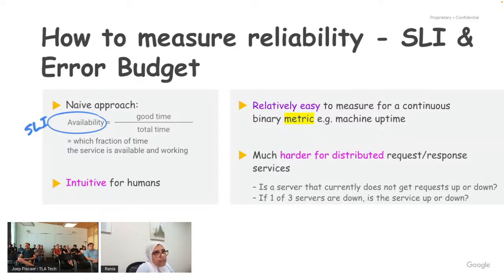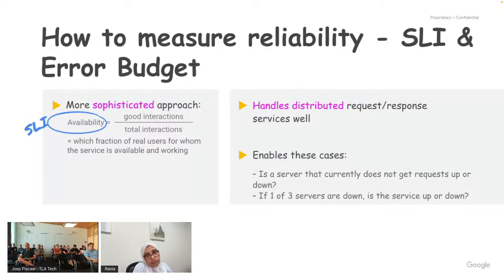But this will not really serve the need for microservices or cloud native applications or distributed solutions and services. And that's why we have a more sophisticated methodology for identifying the SLI itself, by talking about good interactions, or the ratio of good interactions to total interactions.